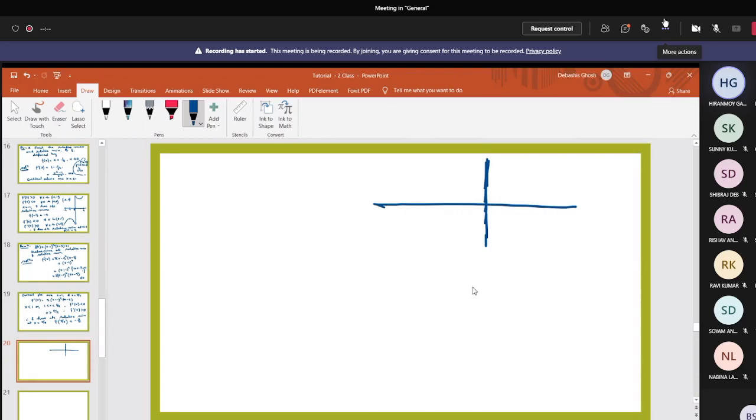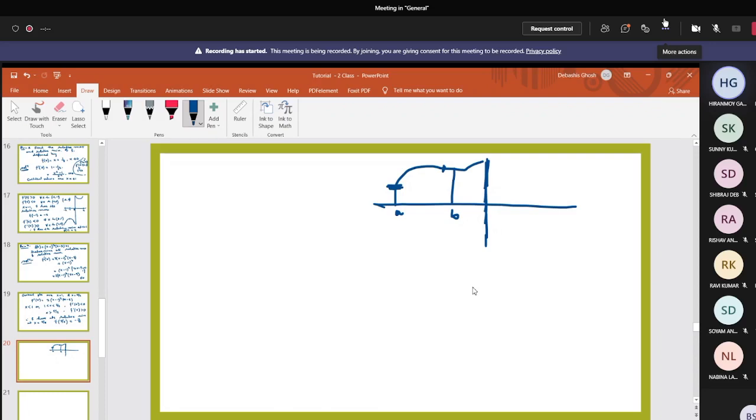Okay. Now suppose the graph looks like this. How could you say that at this point you can have the minimum value? Because you can see that over this interval from point A to point B, this one is the minimum value of that function. It is not possible for this point.